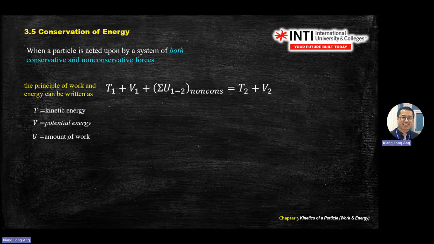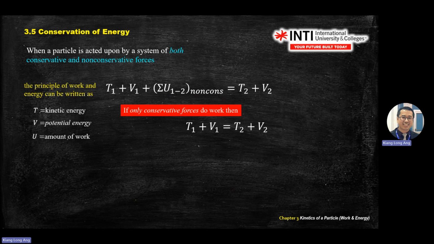So conservation of energy can combine conservative and non-conservative forces. Remember that in the whole system you have conservative and non-conservative. Non-conservative is friction. When you have friction, then you have this term. If you take out the non-conservative, then all the energy before is the same as all the energy after. T is kinetic, V is potential. The total energy before equals after.